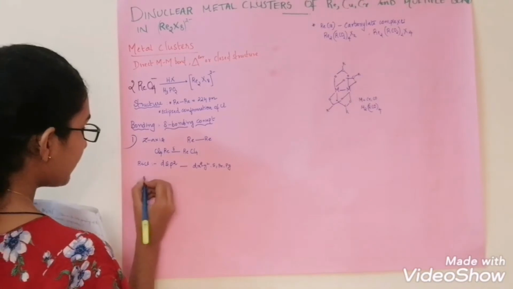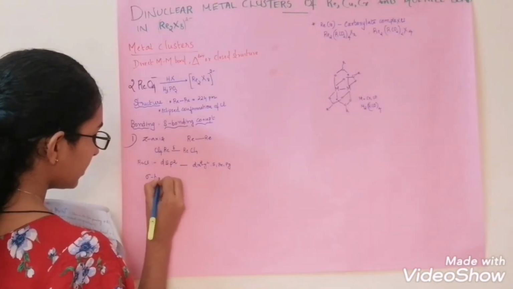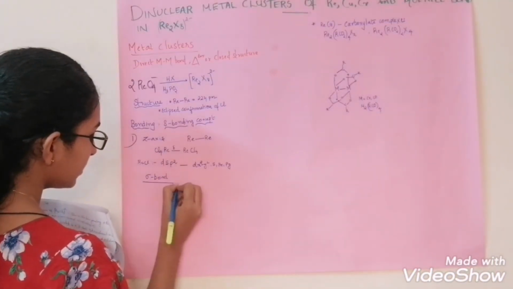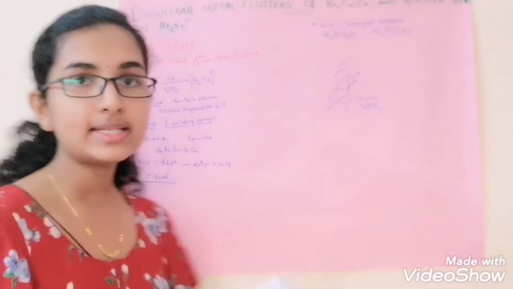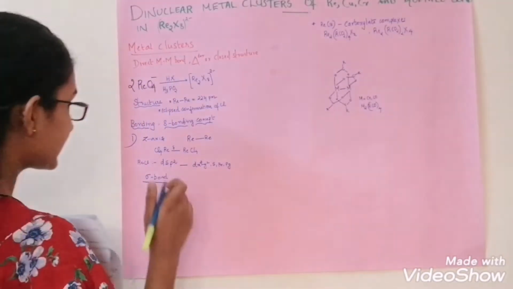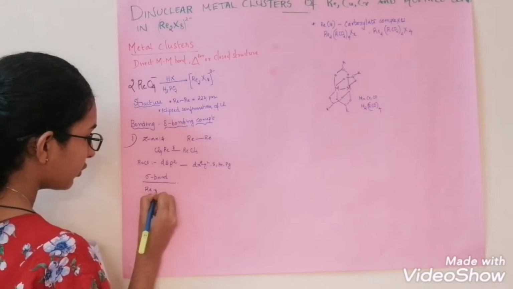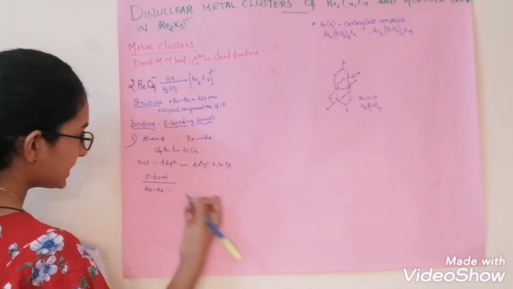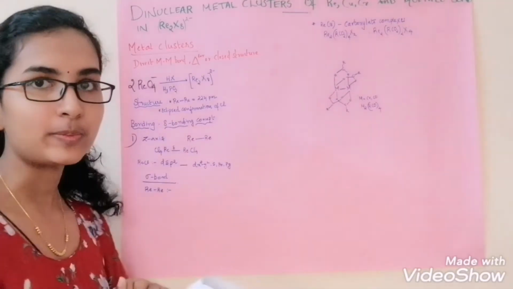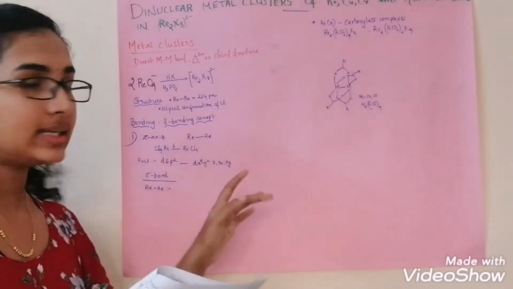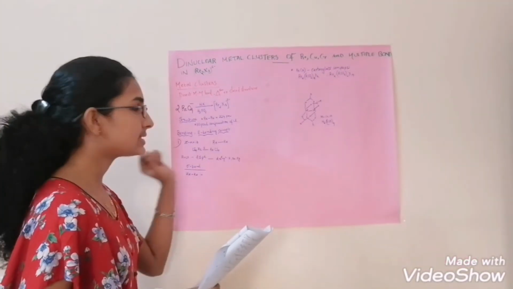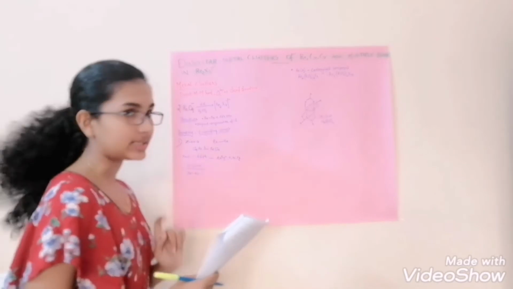Then comes the sigma bond, that is the Re-Re bond formation. Let's explain how Re-Re bond formation takes place here. We already said that the Z-axis is a line joining the two metal atoms, right?